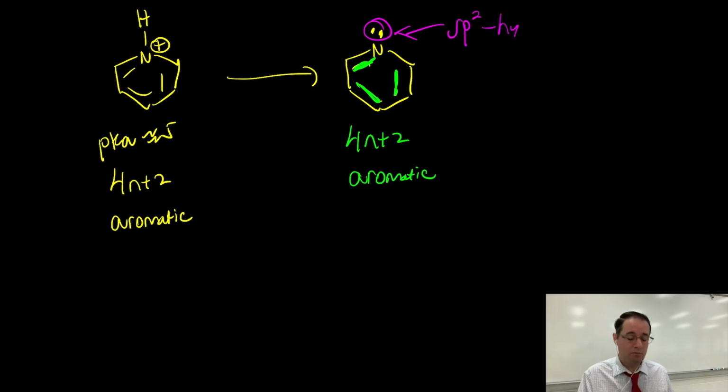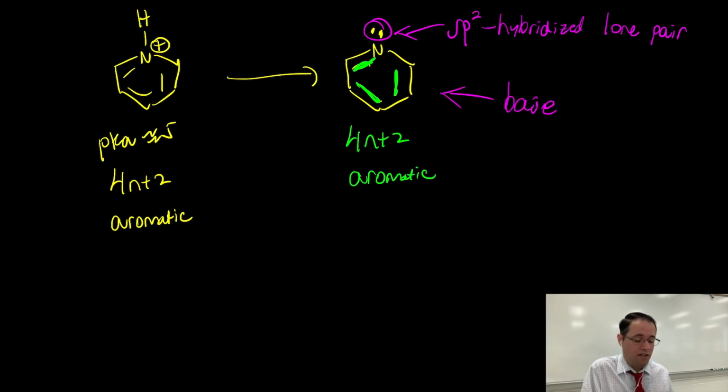They're in the plane of the board here, and they're in an sp2 hybrid orbital. So that's an sp2 hybridized lone pair. So you're not restoring aromaticity, and that's why the pKa of pyridine is not too good, okay? And so we use pyridine as a base, okay? It's a suitable base, just like triethylamine would be a suitable base, okay?